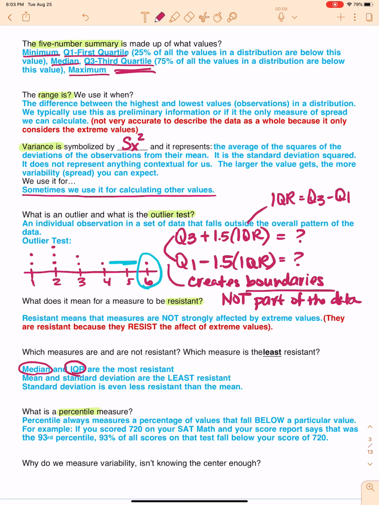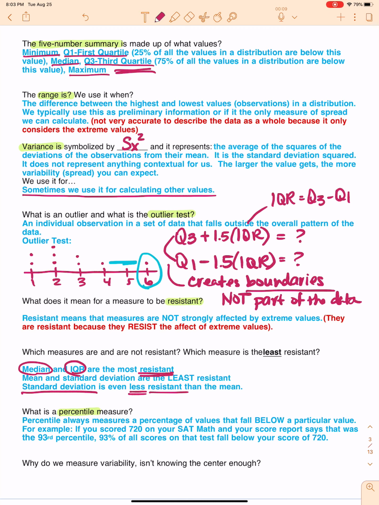Because those values are resistant to extreme values, which are occurring when you don't have symmetry. The mean and standard deviation, on the other hand, will go right along with those higher or lower values. So those are said to be least resistant. And the standard deviation is even less resistant than the mean.